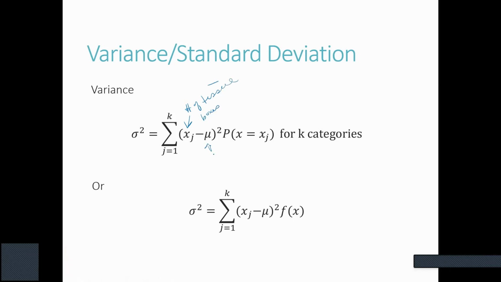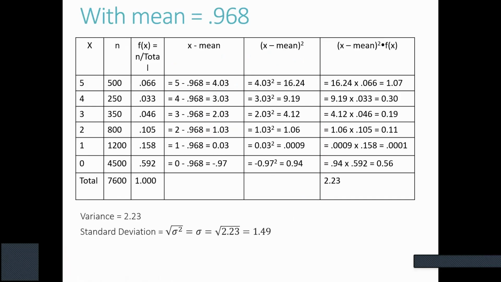You subtract the mean, 0.968, and then once you get that, you square it, and then you multiply it by relative frequency. Okay, so you do something very similar to what you just did for the mean, but you have to go through all of that, computing deviations and squaring them.